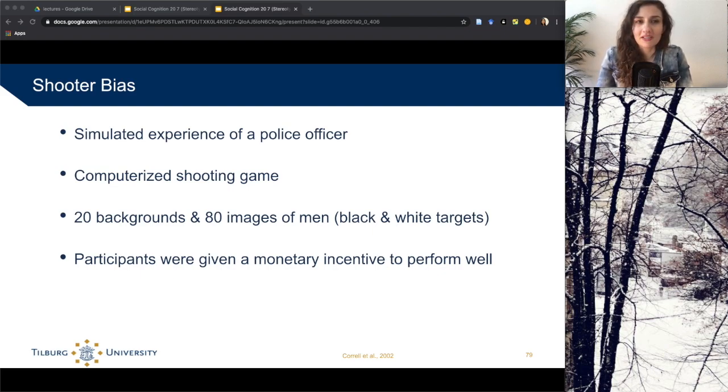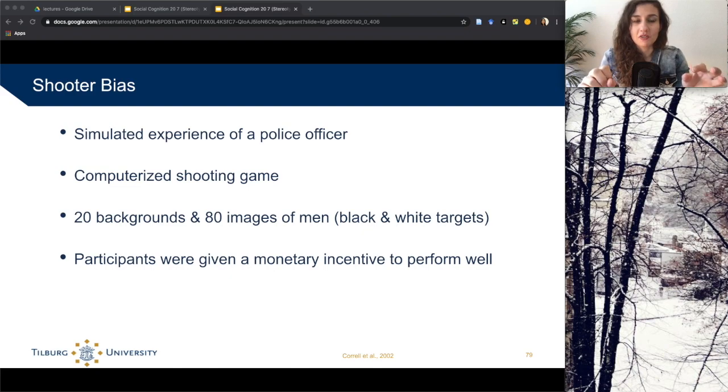Participants take part in a simulation where they experience what it's like to be a police officer. It's a computerized shooting game where there are 20 different backgrounds and 80 different images of men who are either black or white.